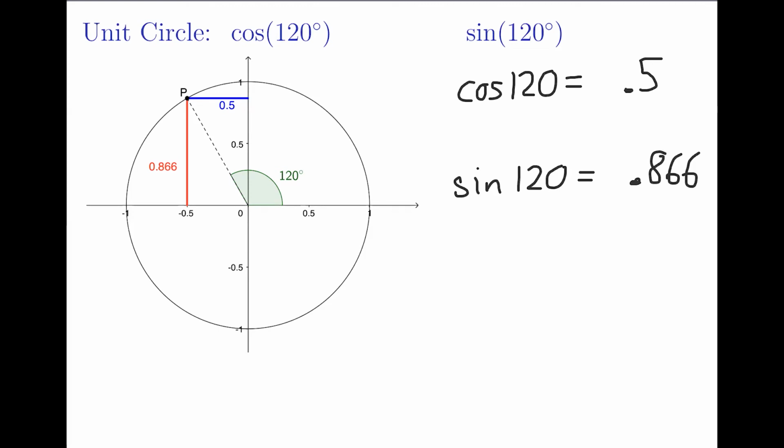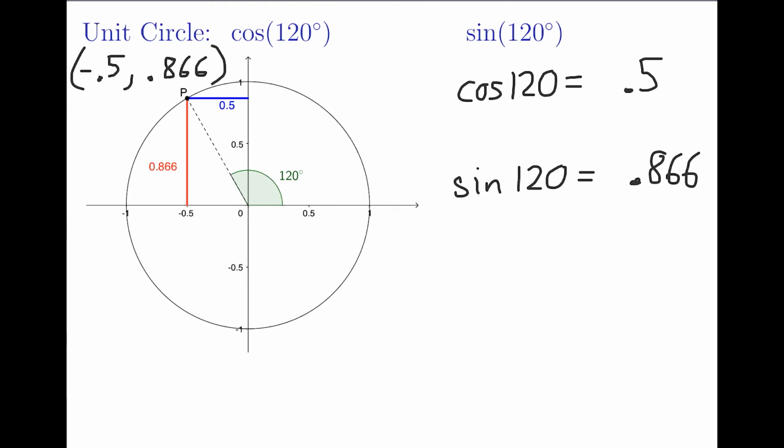If we think about this in terms of the coordinates of this point P up here, we notice that this point is not really the point 0.5, comma 0.866. It's actually the point negative 0.5, comma 0.866.